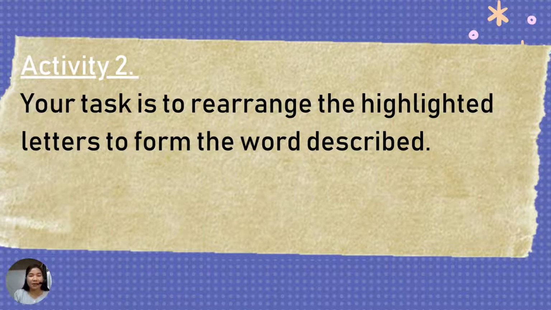In this activity, class, your task is to rearrange the highlighted letters to form the word described. There are given scrambled letters, and you are going to rearrange them according to their definition. Okay, let's go.